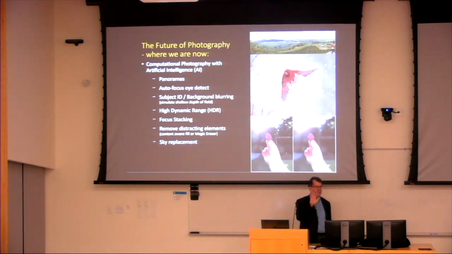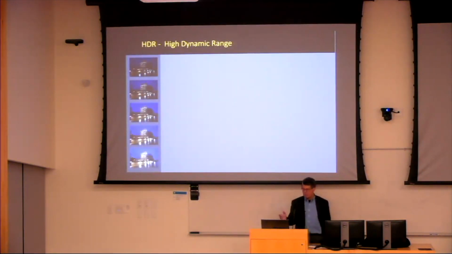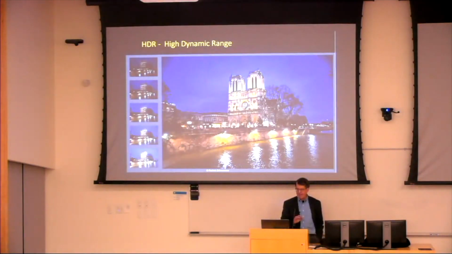It goes through processes, identifies what the subject is in the photograph, and then blurs the background. And you can decide on the slider how much blur you want. So you've got kind of adaptive focal length after the fact of taking the photo. So you're going to be able to do a lot of this post-processing in a very dynamic way.